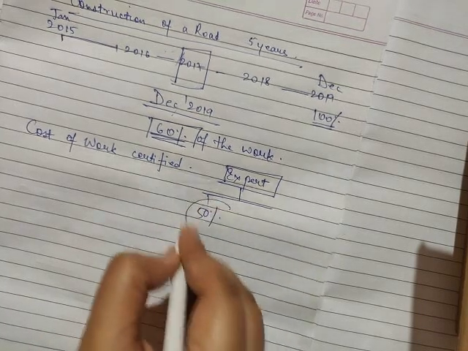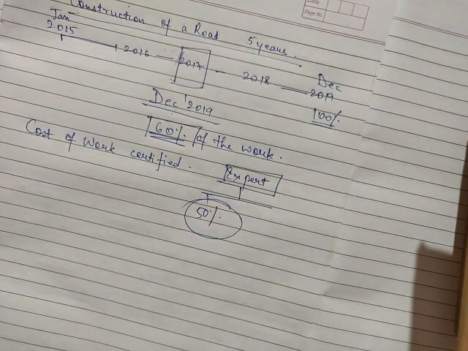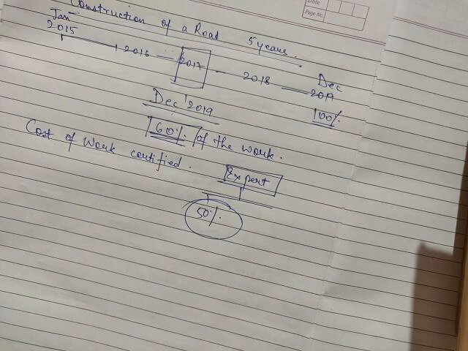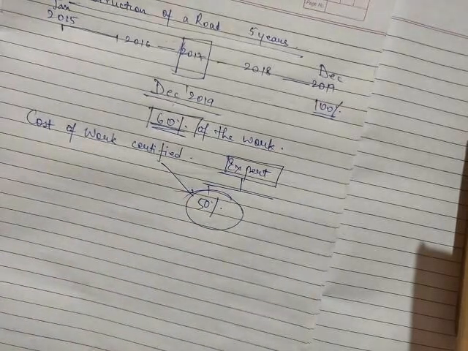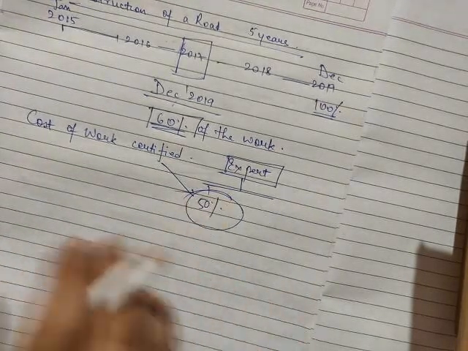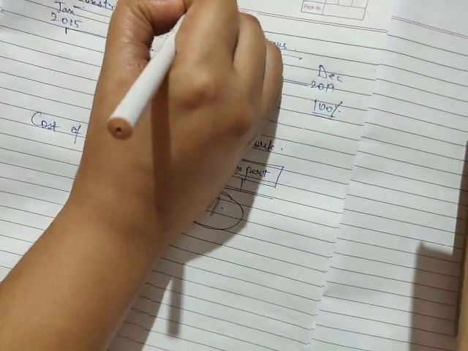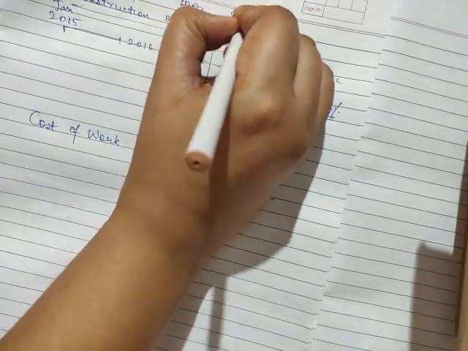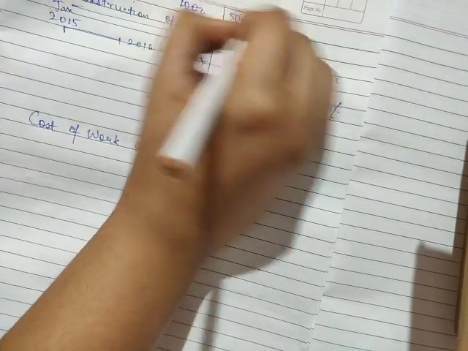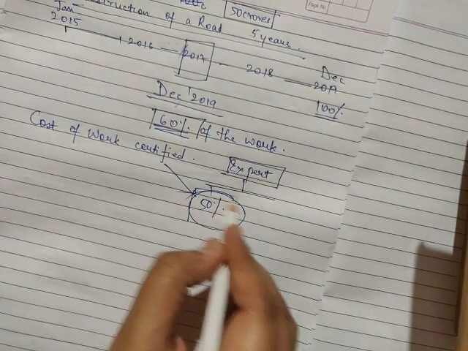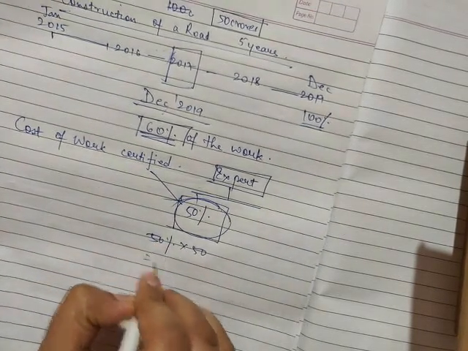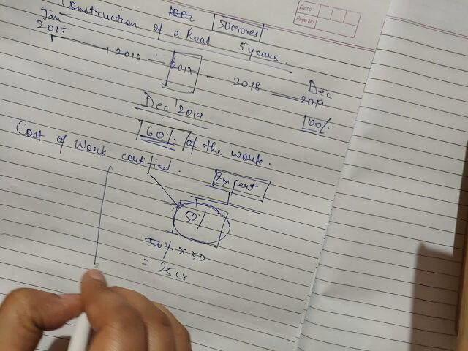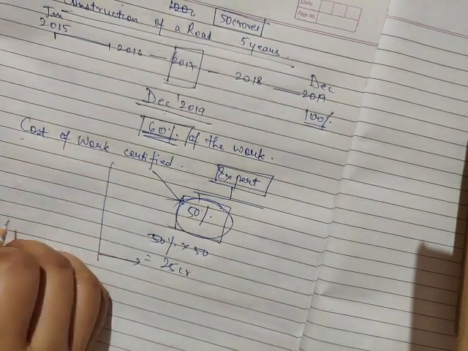So, this 50% that the expert has certified based on his assessment that the work is done, this is known as work certified. So, suppose this total contract was for 50 crores rupees. He has certified that you have finished 50% of the work. So 50% of 50 crores, that is 25 crores, is the value of the work certified.